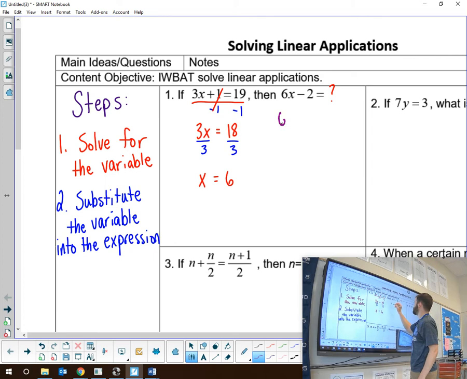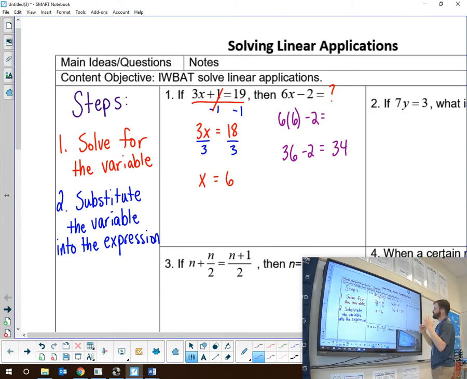So I'm going to go 6 times 6 minus 2 equals, let's find out. So 6 times 6, of course, is 36. 36 minus 2 equals 34. So what is 6x minus 2? Well, 6x minus 2 is 34. So my answer for this is 34.